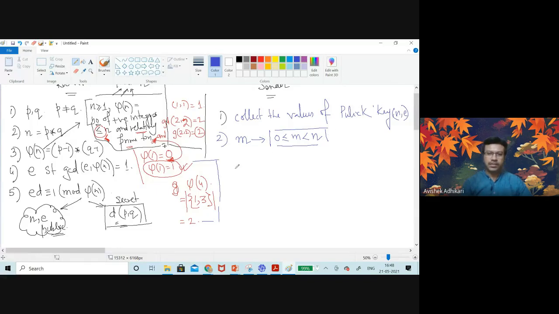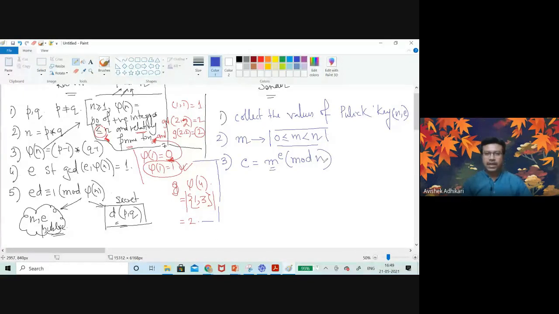So I will just recap those things, and that's why I'm not going into the details. Please have a look at my previous video, where you will find all the details of how that can be done. Okay. Then he will calculate the ciphertext. What is the ciphertext? This is M to the power E modulo N. Note that M is his own plain text. He knows it.